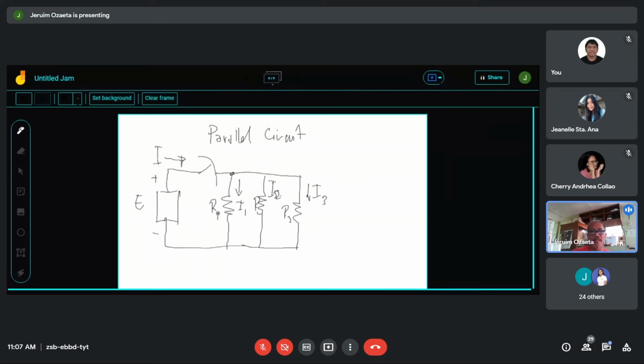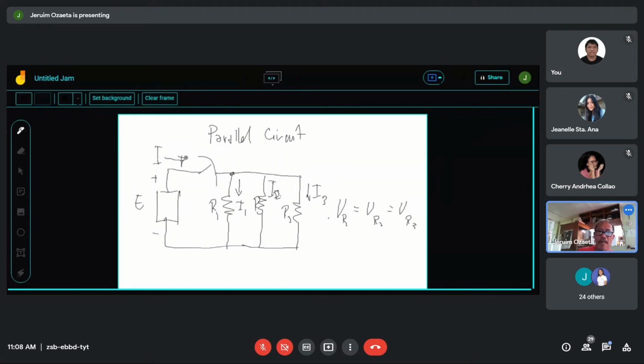Now, take note here in the parallel circuit that if there is no voltage drop in the conductor, the potential difference V at resistor 1 is equal to the potential at R sub 2 is equal to the potential at R sub 3.